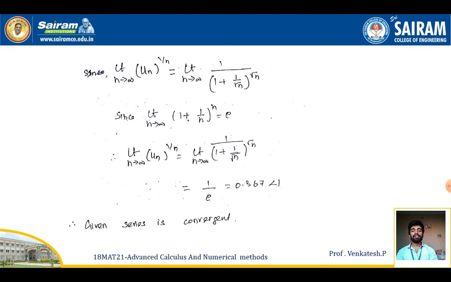Since limit n tends to infinity (1 + 1/n) whole power n is equal to e, in the same way, on comparing the two equations, limit n tends to infinity (1 + 1/square root of n) whole power root n will be equal to e. Since the function is in the denominator, it is 1 by e. So 1 by e is equal to 0.367. It is less than 1. So I can conclude the given series summation un is a convergent series.